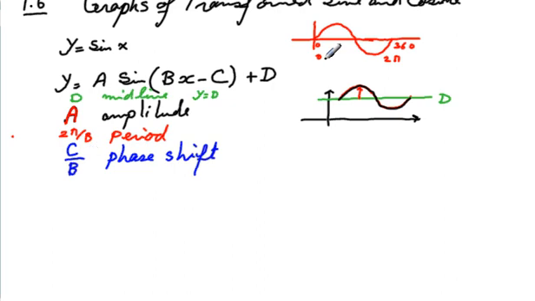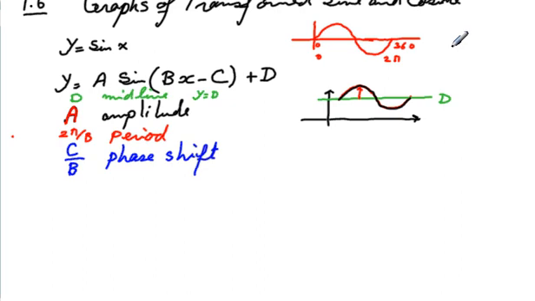So period will be the number of cycles you are going to have in a span of 2 pi radians, or in a span of 360 degrees. Higher b's mean you have more oscillations in the same space. Low b's mean you are going to require more space to go through the same number of oscillations.